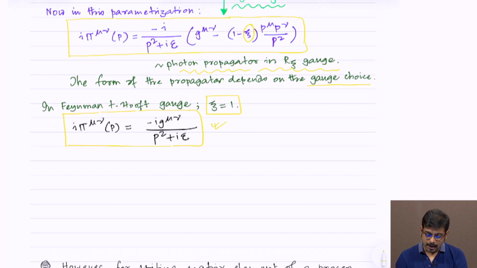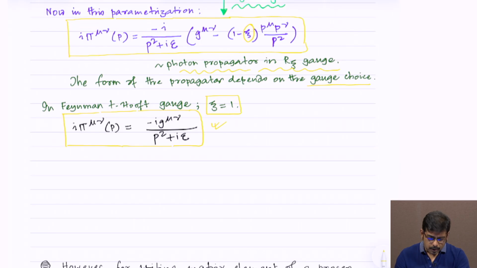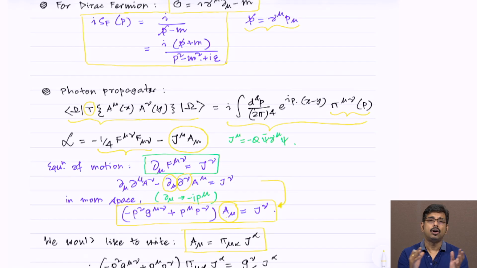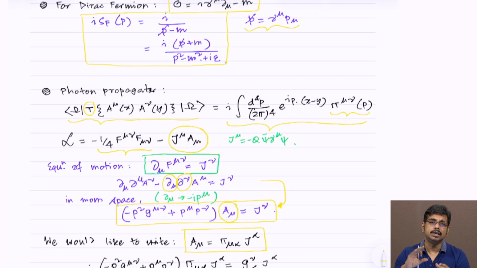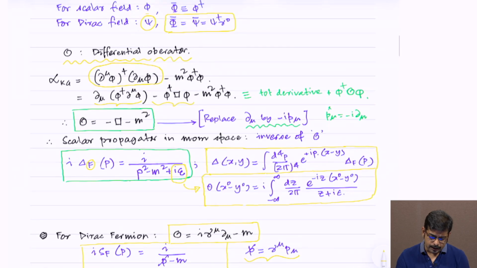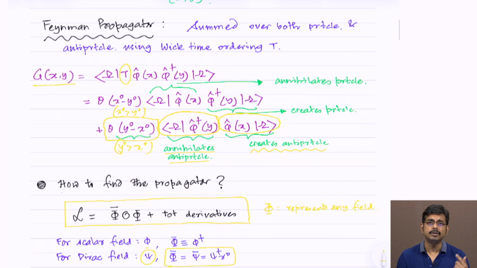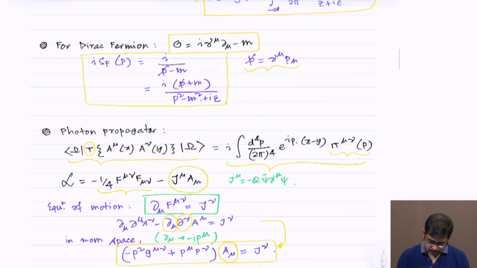For any quantum process there are propagators, which basically tell you how the interaction is carried from one point to another, and that is formally defined as the expectation value in the vacuum of the time-ordered product of the field and the field dagger. Then you can calculate the propagator for the scalar field case, for the Dirac field case, and also for the vector field case for the photon.